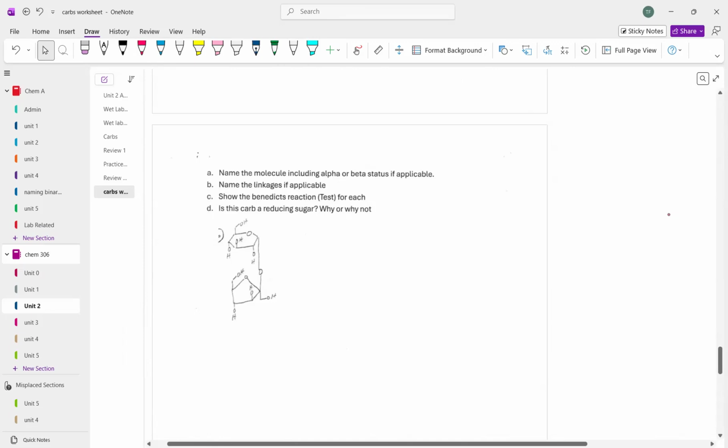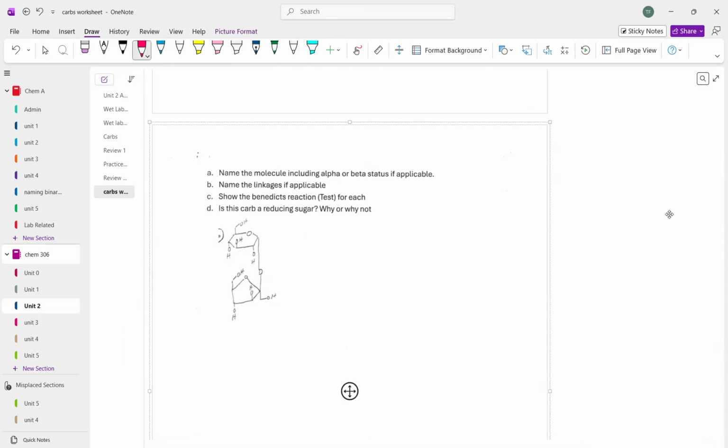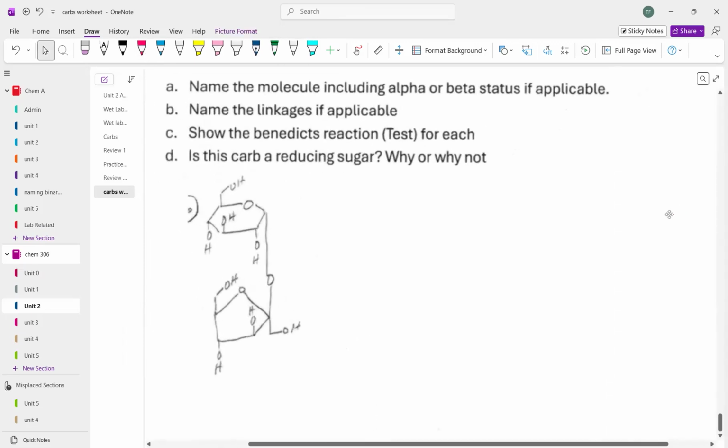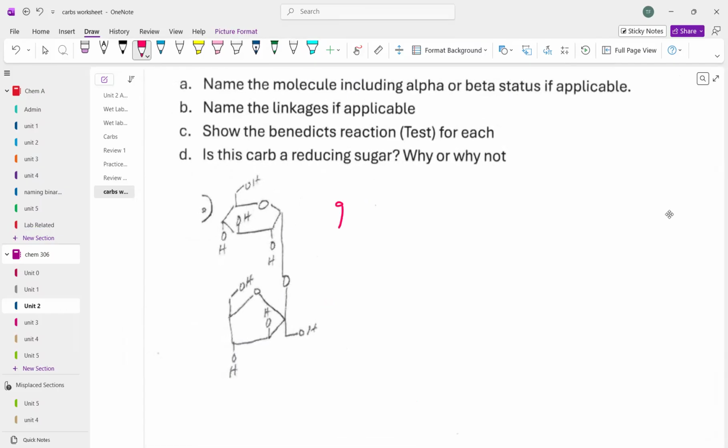And what do we have here? Okay, we've got glucose up here, and we have fructose down here.